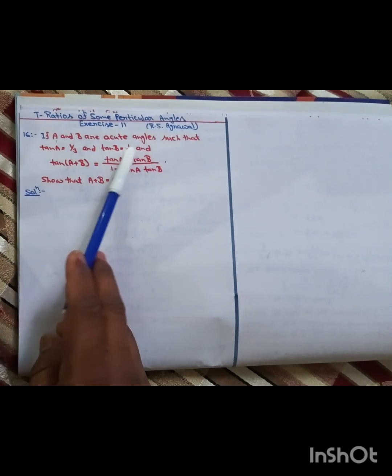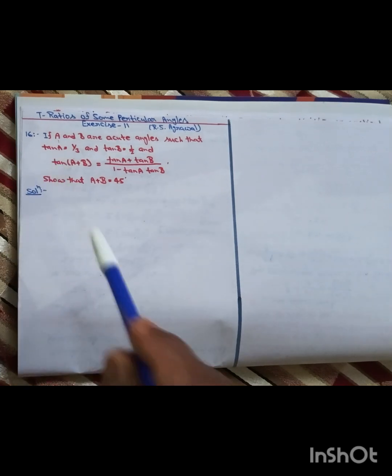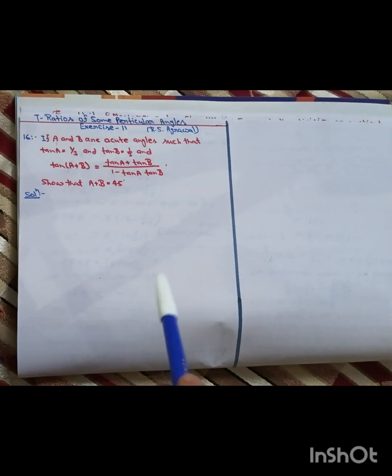If A and B are acute angles such that tan A is equal to 1 by 3 and tan B is equal to 1 by 2, and tan(A plus B) is equal to (tan A plus tan B) upon (1 minus tan A tan B), then show that A plus B is equal to 45 degrees. So we have to prove A plus B is equal to 45 degrees.